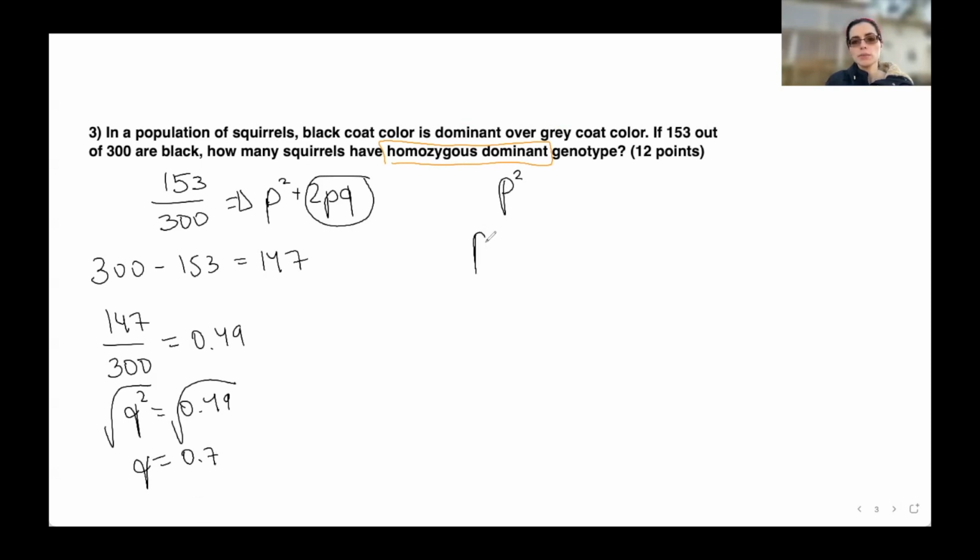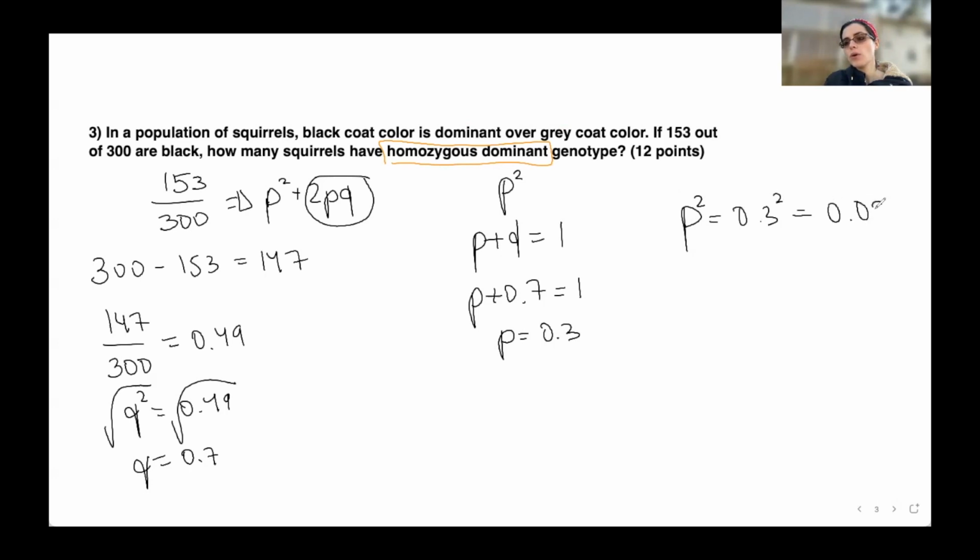So we know that p plus q is equal to 1. So that means that p has to be 0.3. And now we just need to find p squared. p squared is equal to 0.3 squared, and that is equal to 0.09. We're not done here because we're being asked for the number of squirrels.